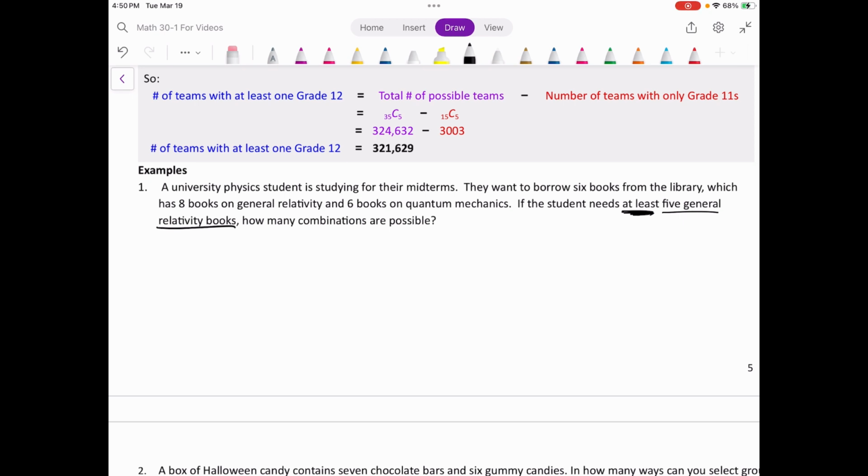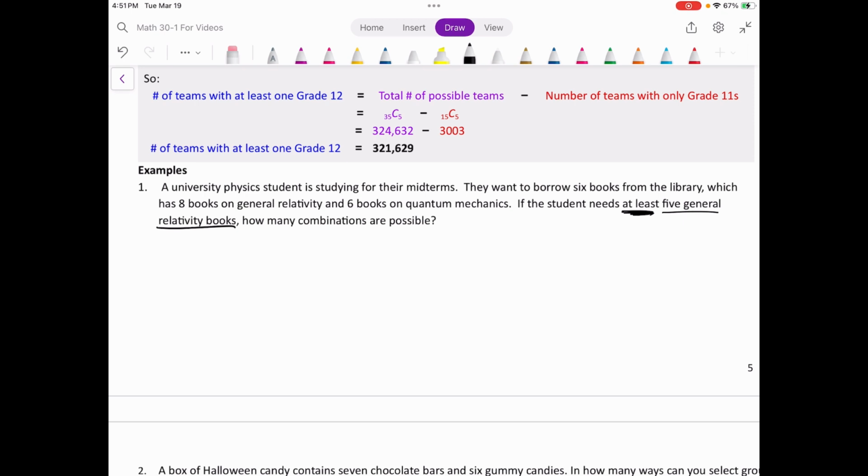Okay, so we need to do 6 total, and we need at least 5 of them to be relativity books. Can you think of the 2 cases here that could satisfy these conditions? Right, we could pick 5 relativity and 1 quantum mechanics, or we could pick all 6 relativity and 0 quantum mechanics, right?